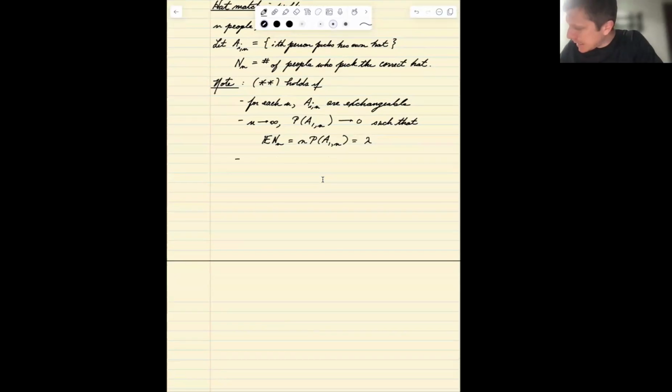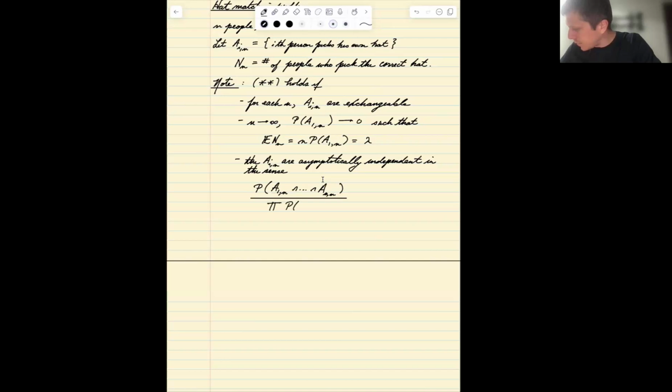And the A_i's are asymptotically independent in the sense that if you were to consider the probability of the intersection, how does that behave relative to the product of the probabilities?